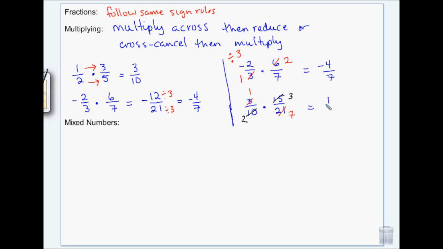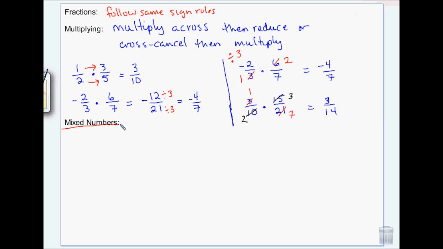And so then if I multiply, I get 1 times 3, and then 2 times 7, so 3 over 14. If I had multiplied this straight across, I would have had 45 over 210. So you would have had some reducing to do, and those numbers are not necessarily as easy to reduce as 15 and 10. So it's useful to cross cancel first.